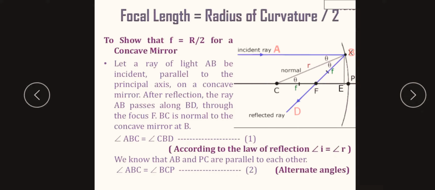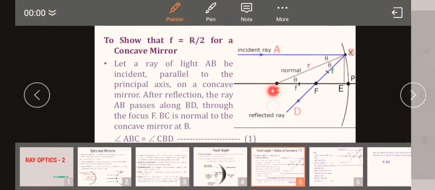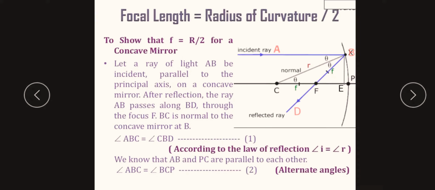Here there is one more line, BC, the normal to the concave mirror at B. The angle of incidence is taken as theta and the angle of reflection is also theta.